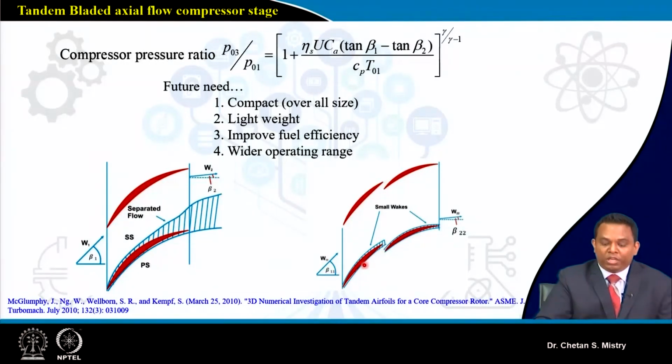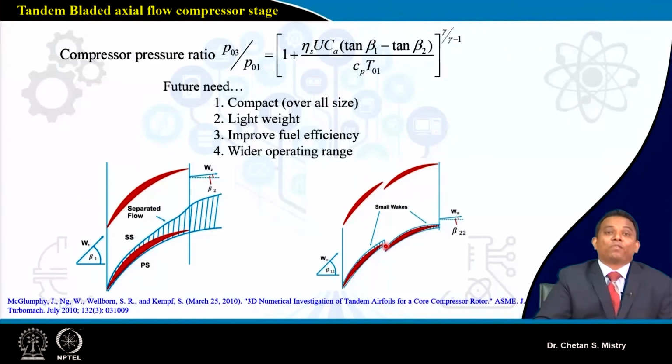What it does is reduce the thickness of the boundary layer that is growing on the suction surface. Here there is a small passage between these two aerofoils, and that leads to the flow getting accelerated within this passage.